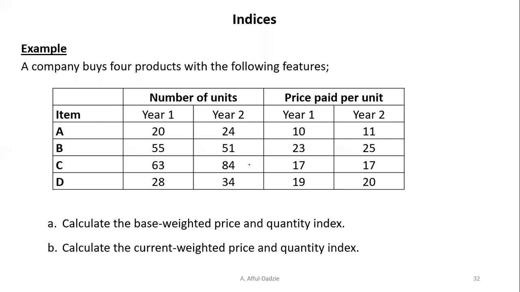So here, let's assume that you are finding the Paasche price index with this one. You have year 1, year 2. This is for the number of units, so consider this as the quantity Q, and this is the price P. Now, if you are to find the Paasche price index, it is Pn over P naught. But here, Paasche is current weighted, so you're going to use the current quantity as your weights.